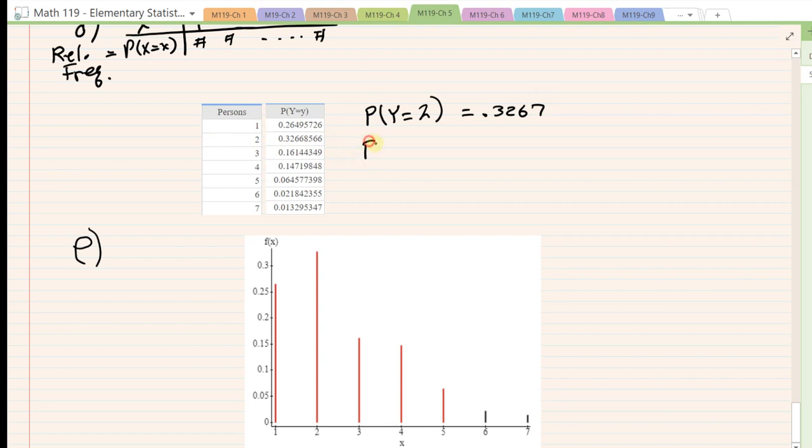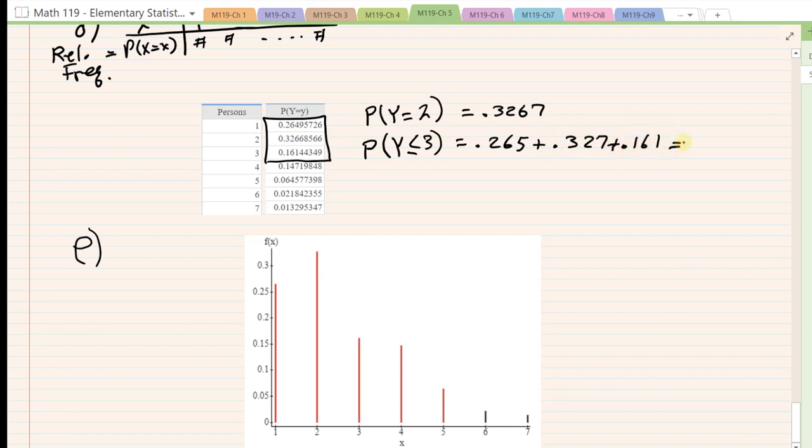What is the probability that there are no more than 3 people? Less than or equal to 3. Now I have to add these 3 numbers. I'm just rounding these to the nearest thousandth: 0.265 plus the probability of 2 people, which is 0.327, plus 0.161.